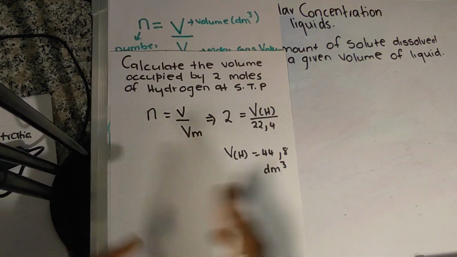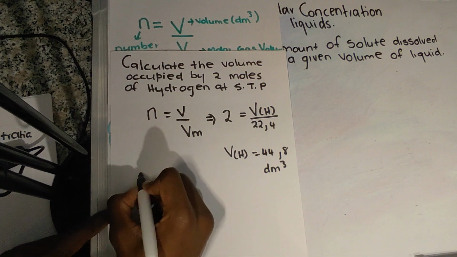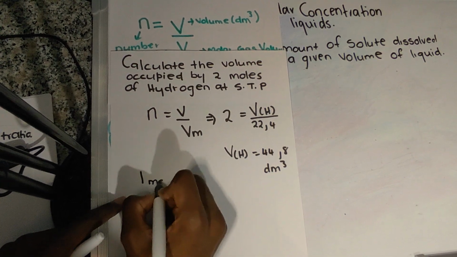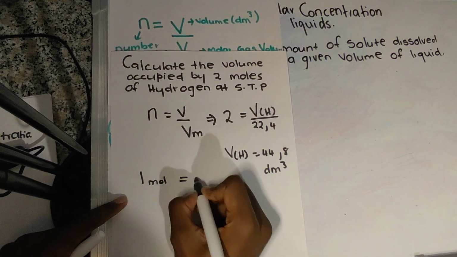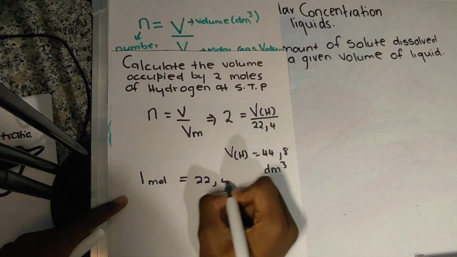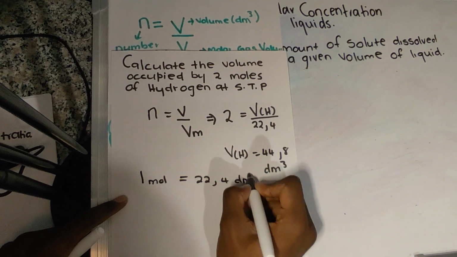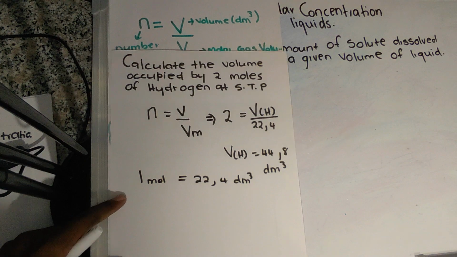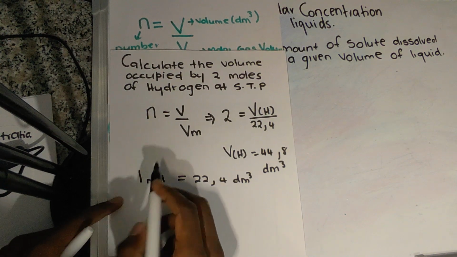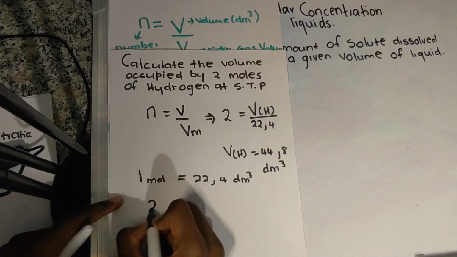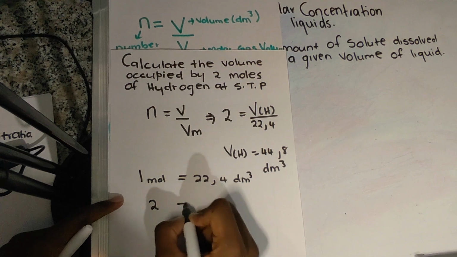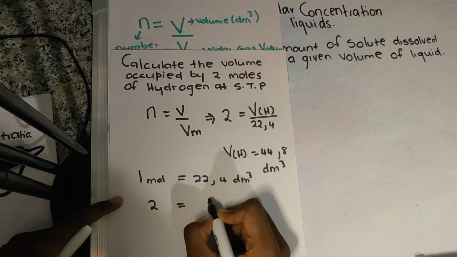Also, if a learner understands the conversion factor, we know that 1 mole is equivalent to 22.4 decimeter cubed under these standard conditions. So what are we given right now? We're given the number of moles, so I'm going to write them under the 1 mole. So 2 is equal to, and then what exactly are we looking for?